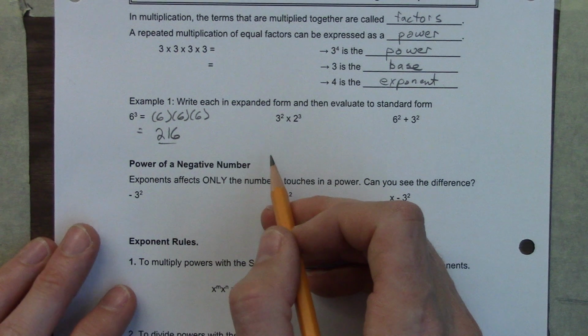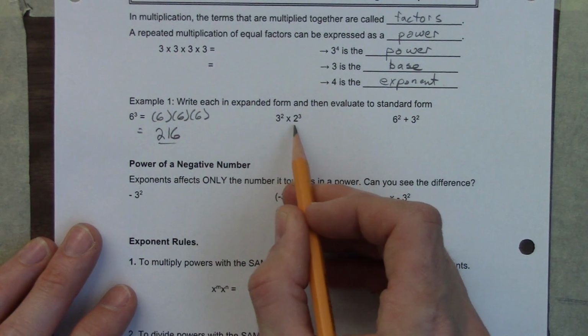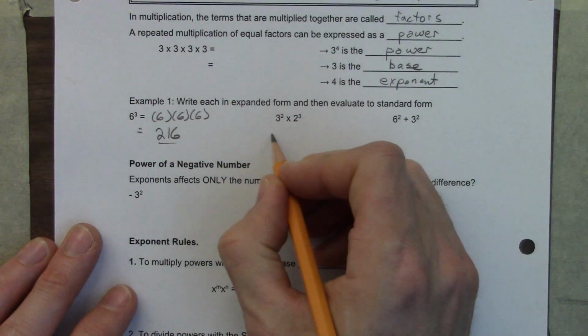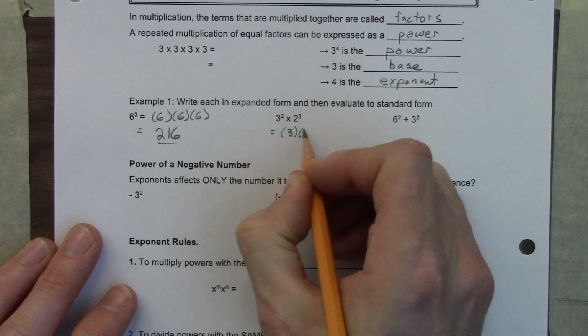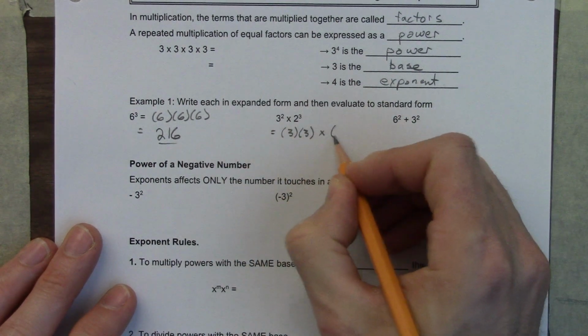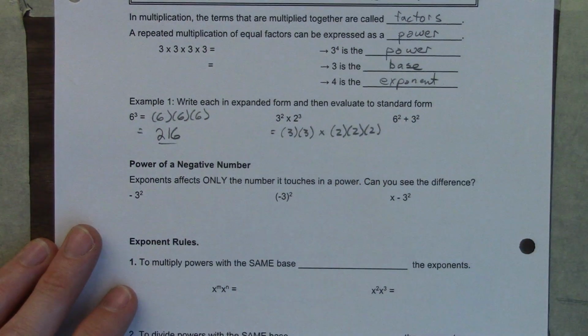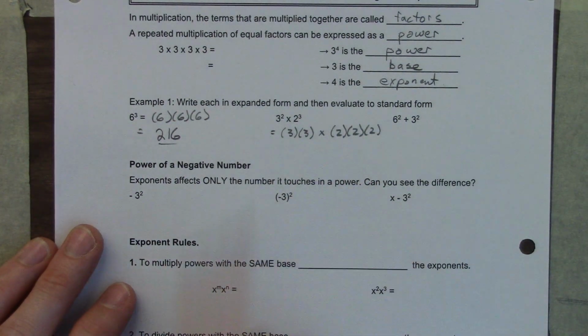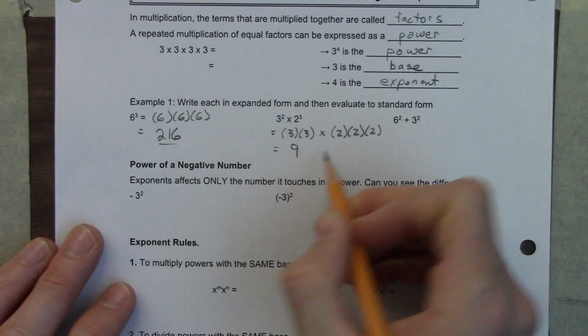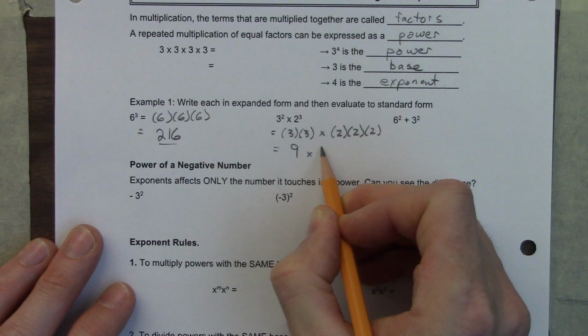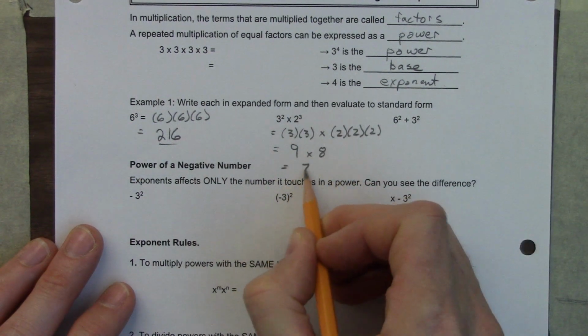Next we have 3 to the exponent of 2 times 2 to the exponent of 3. So if I were to rewrite this expanded, it would look like this. Remember when you have two numbers next to each other in brackets, that means multiplied. Okay, so if I solve this, it's 9 times 8, which is 72.